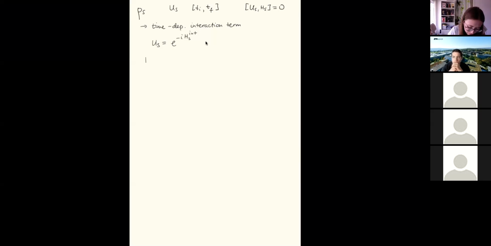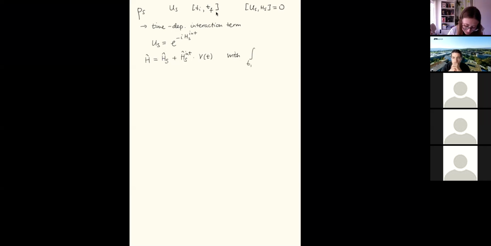And then we can write the pseudo-Hamiltonian as the following. It's the Hamiltonian of the system plus the interaction Hamiltonian times some function which depends on time, v of t. And v of t is such that it only has support on the ti-tf interval, and it's also normalized.